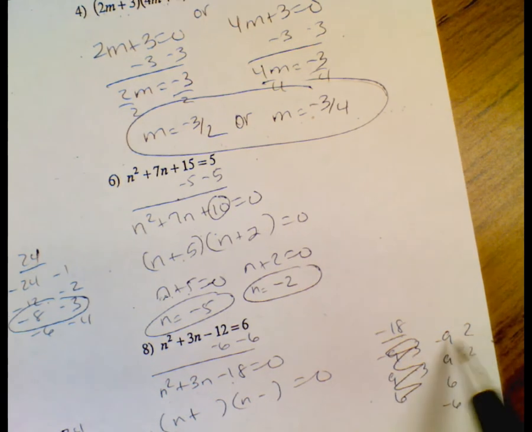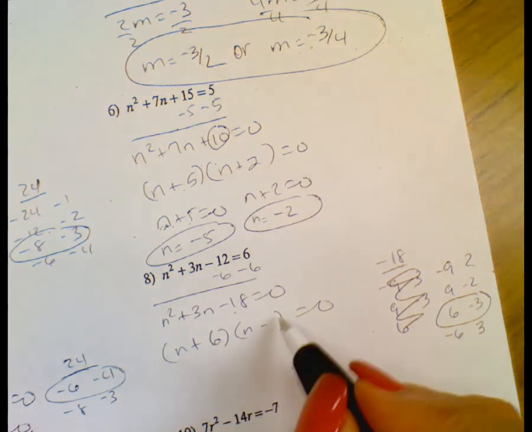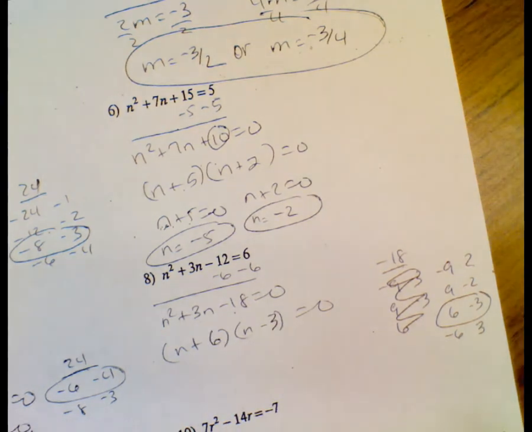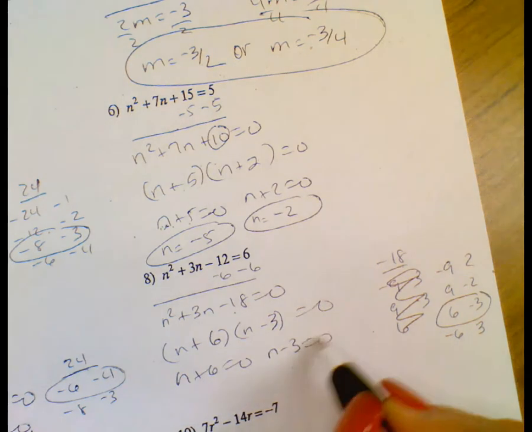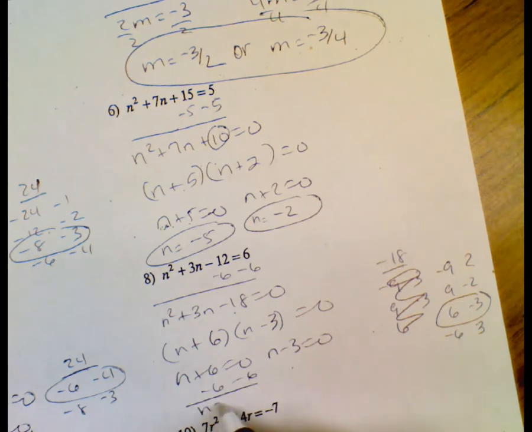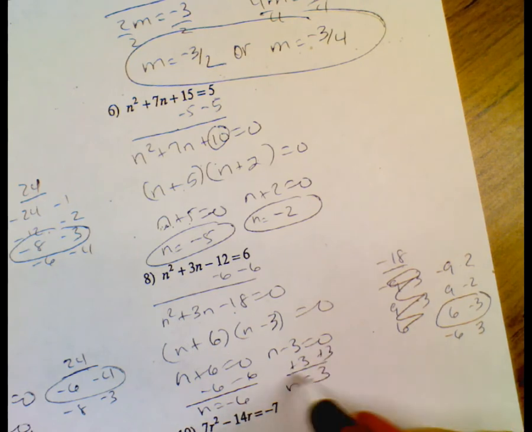Which one of these adds up? Do any of these add up to 3? Those are your factors that add up to 3. 6 and negative 3. So put them in. Set each factor equal to 0. And then it's 3.